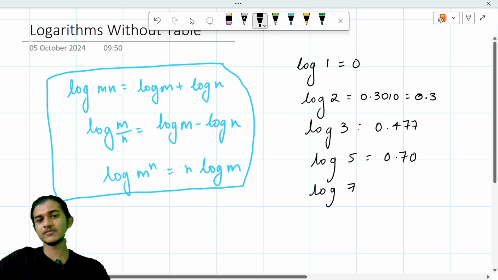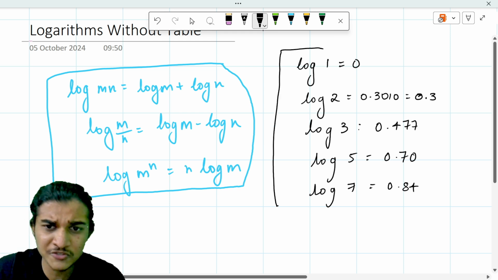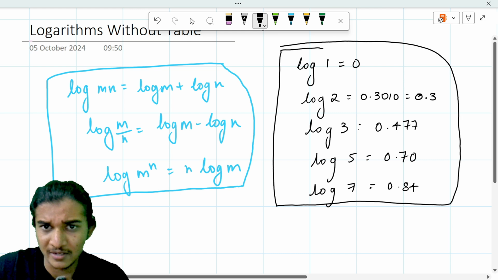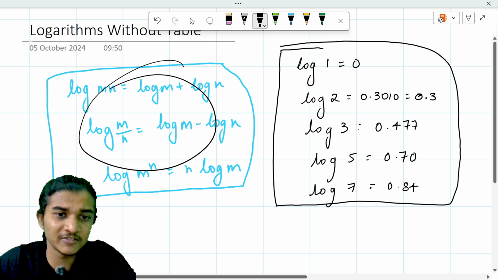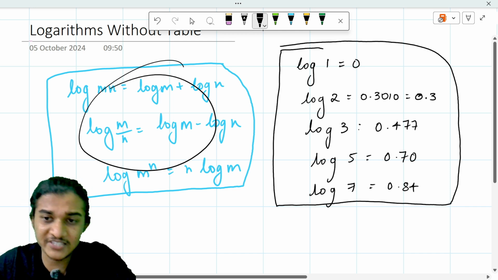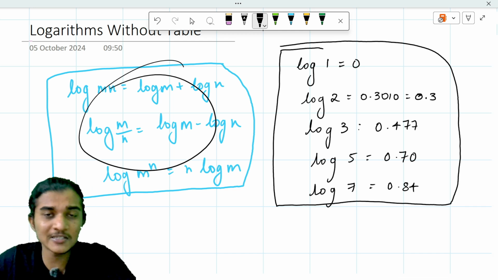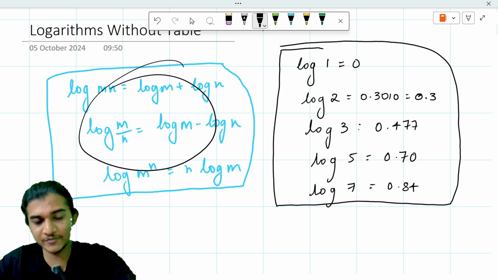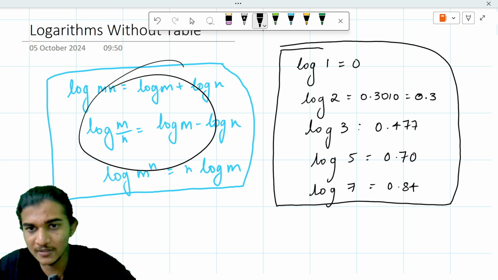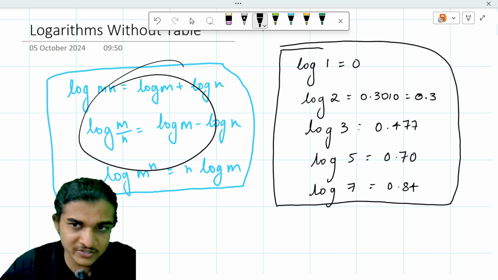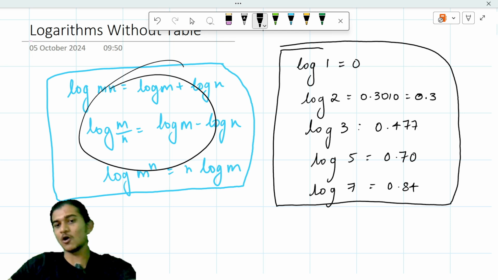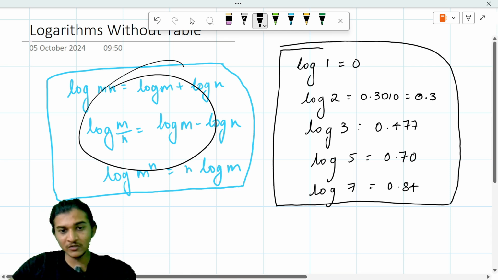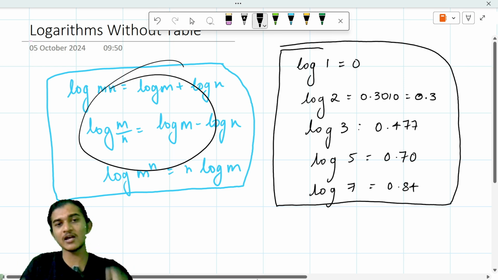Log of 7 equals 0.84. These are the only values which you have to remember. Take pen and paper and start writing all this down. These three formulas and these values compulsorily need to be known to everyone in order to solve logarithms without a table. Log 1 is 0, log 2 is 0.3010, log 3 is 0.477, log 5 is 0.70, log 7 is 0.84. If you know these values, you can solve any logarithm values.